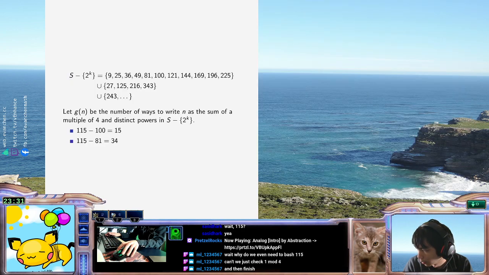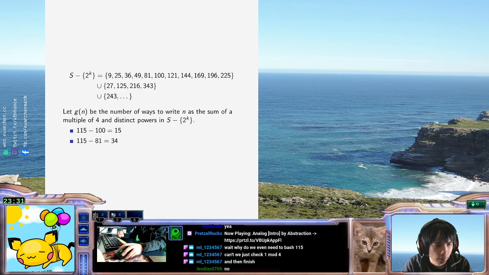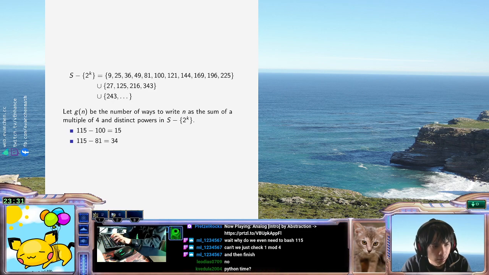Wait, what? I'm claiming that I need f of 115 equals 3. Did I? No, I think I can do this one by hand. This looks easy.